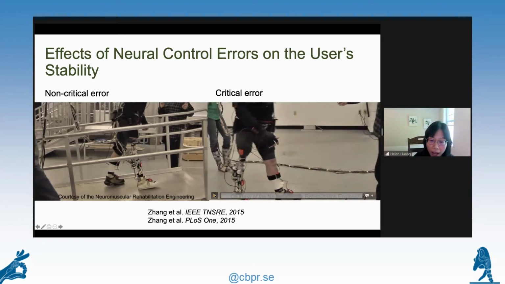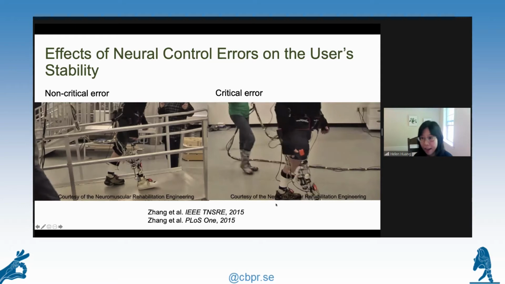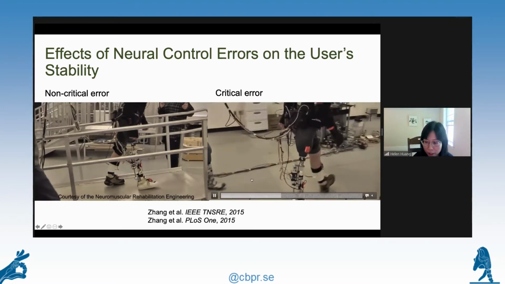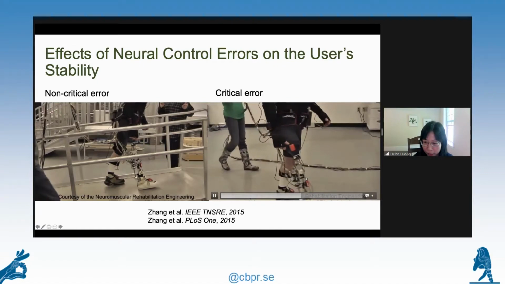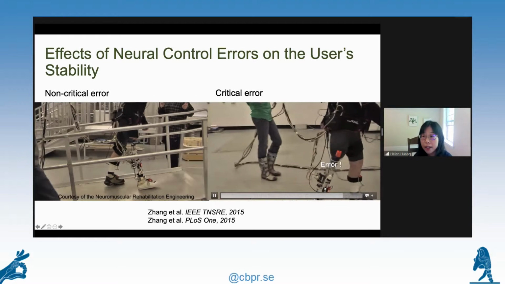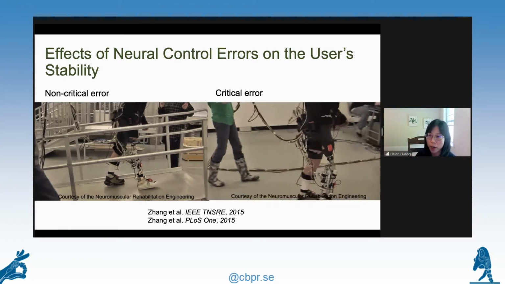But we also had many errors that you can see. For this video, you can pay attention to when the error shows up. You can see there's a sudden hyperextension that is causing the person to move forward quickly. So that really disrupts, at least, the AP direction momentum in this case.